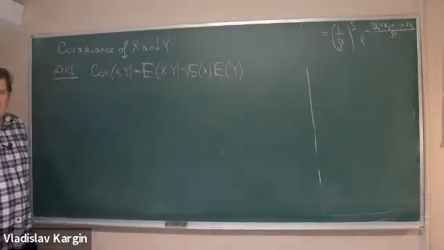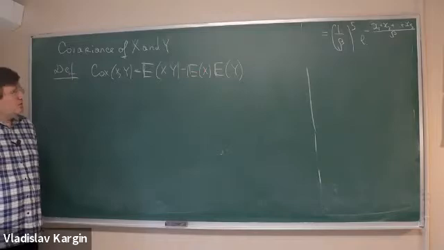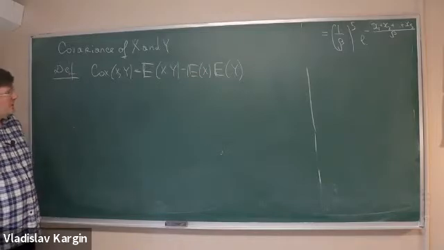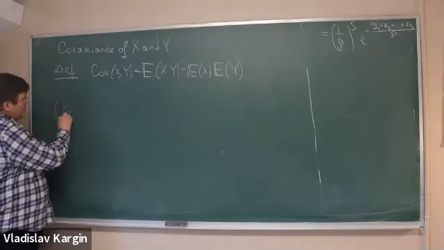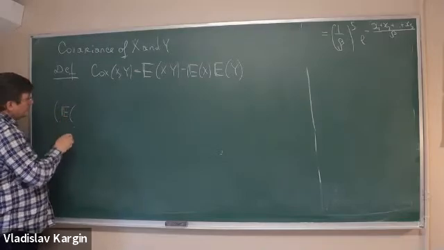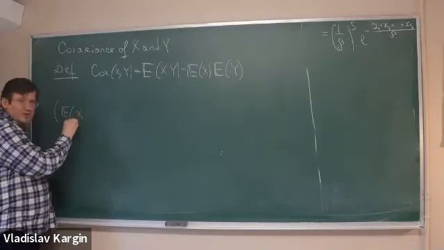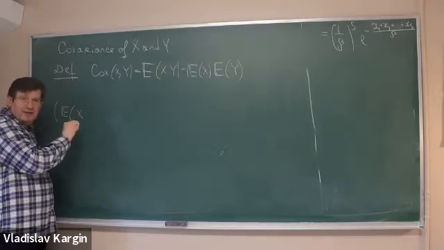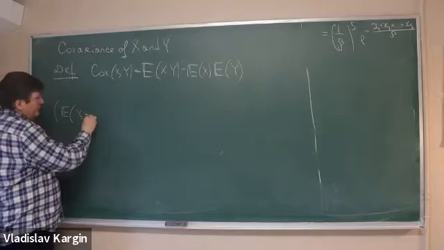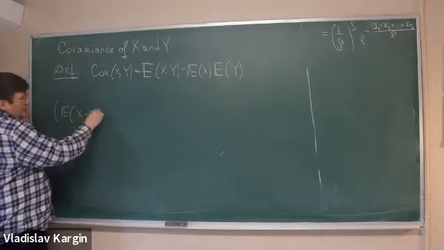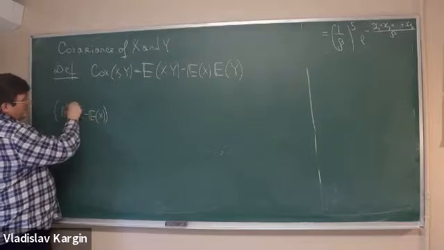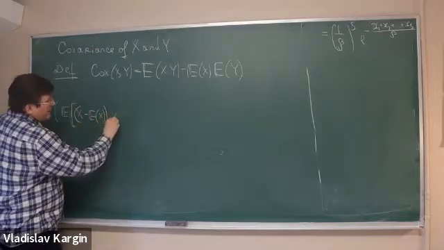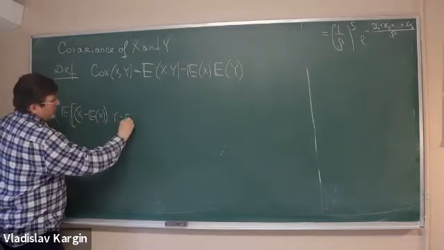And then you can write an alternative definition. It's E of (x minus E of x) multiplied by (y minus E of y).